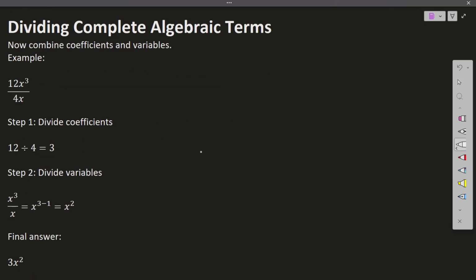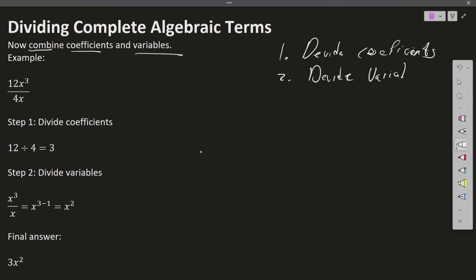Alright, so now we are dividing complete algebraic terms. What I mean by this is that now we are going to be combining the coefficients and the variables. At first we were saying, divide the coefficients, which were the steps we were using. And then number 2, we are dividing the variables.